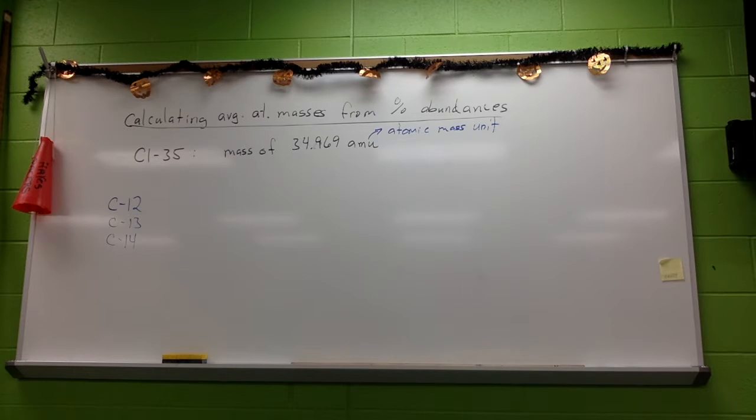Which of the three is most abundant, do you think? Because the average atomic mass is 12.011, clearly carbon-12 is by far the most abundant.